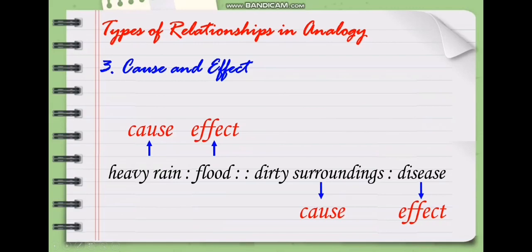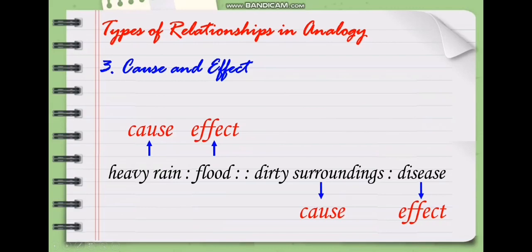In an example of an analogy, heavy rain is to flood, as dirty surroundings is to disease. We can say that flood is the effect of the cause, which is heavy rain, and that we may get disease as the effect caused by the dirty surroundings, or heavy rain can be the cause of flood as a result, and dirty surroundings may be the cause of catching a disease.